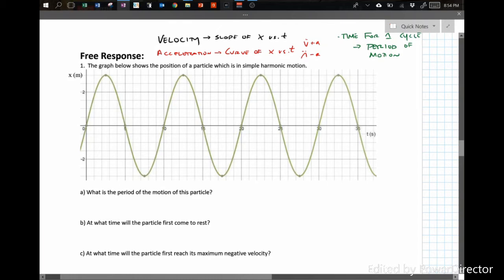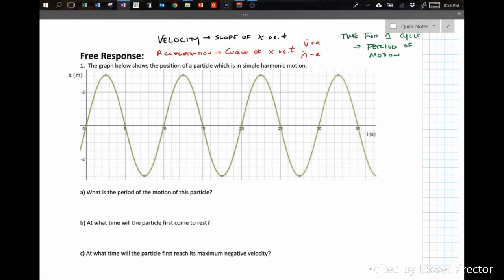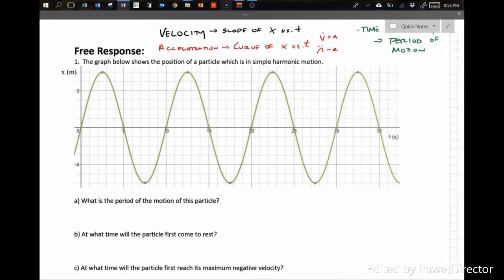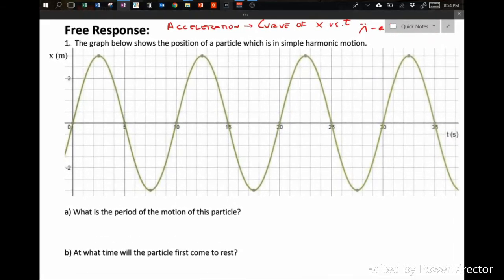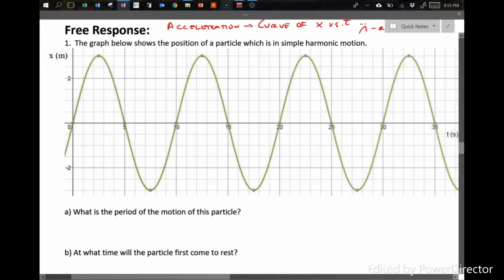Velocity, acceleration, obviously position, and period. So the first and easiest thing to get is the period. So if I want one complete cycle, that's half of a cycle.